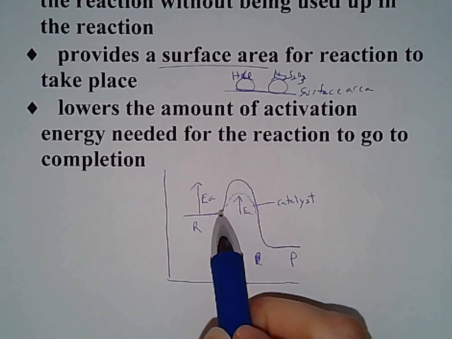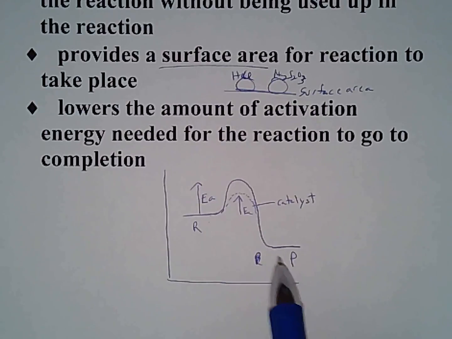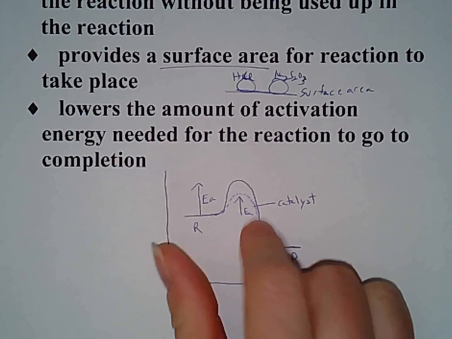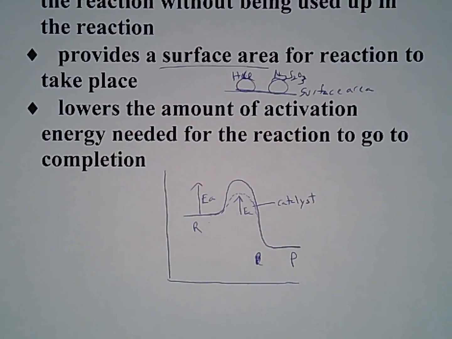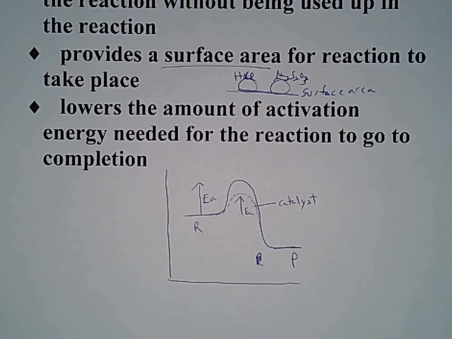So most books put it as a dotted line to show that it's different from the normal reaction curve. So that is how a catalyst gets the reaction to go faster, because it doesn't need to climb that hill as much. It may not be as exciting of a roller coaster ride, but you will make product faster because you don't have that tall of a hill to go up.